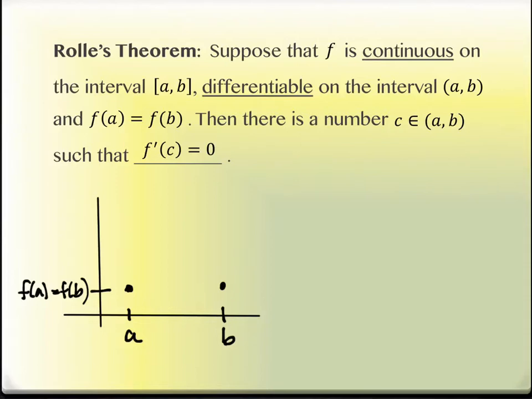So no matter how I do that, whether I do something like this, or like this, every single way in which I can draw it, because it has to be continuous, is going to have some place where the derivative is 0. Now, the last graph that I drew has lots of places, so there may be more than one, but I'm only guaranteed one.